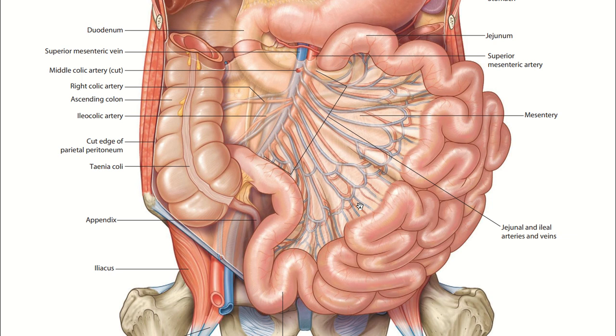As for the venous drainage, the veins from the jejunum and the ileum are all tributaries of the superior mesenteric vein, right? Remember, the superior mesenteric vein behind the neck of the pancreas joins the splenic vein to form the portal vein.